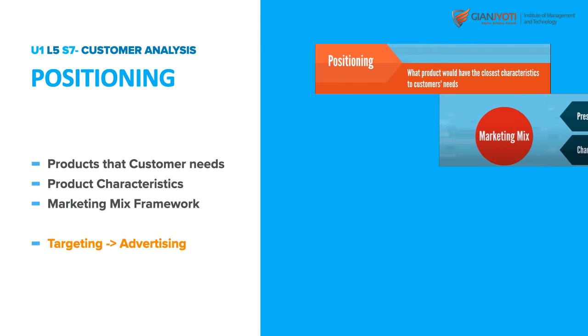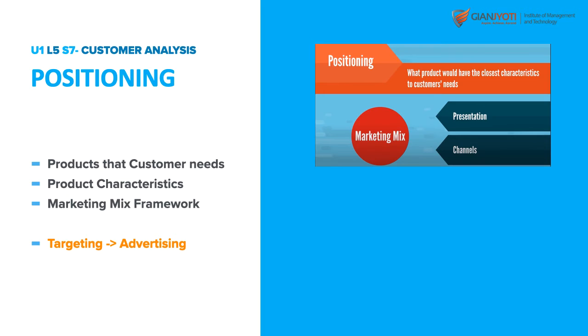Not only are these the product characteristics, but it is also important how we present that product to the customer and what sort of channels we use to make that product available to the customer. That comes in the marketing mix, which is another framework we'll be doing as we progress with our sessions.